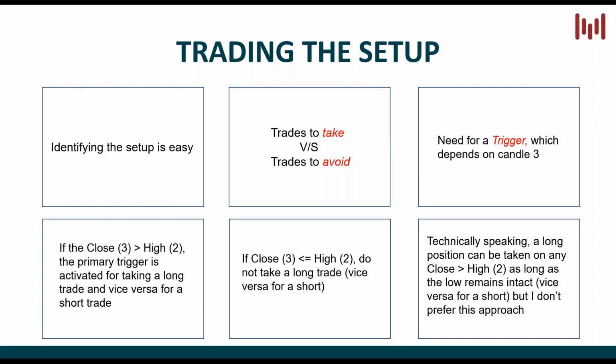Now it's obvious that unless something very dramatic happens in the last 5 minutes, it looks as if the close today on day 3 is going to be above the high of day 2, which is 80, because currently you're at 85. So in that case, I can take a long position, assuming that with 5 minutes to go, the stock is not going to fall 5 or 6% lower from where it currently is.